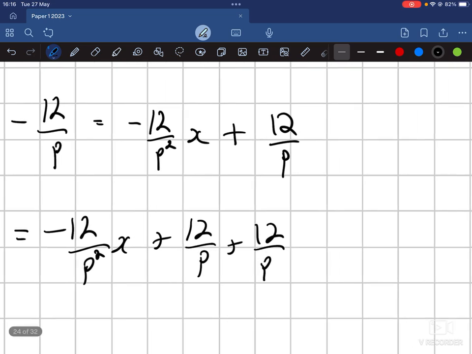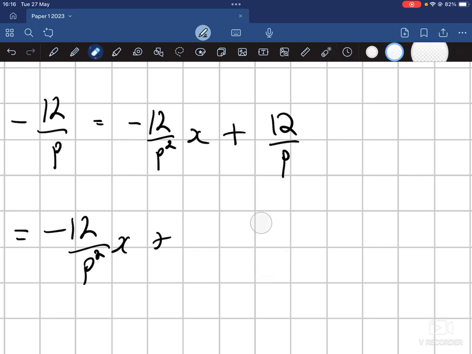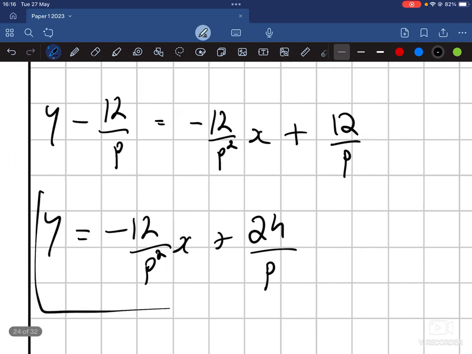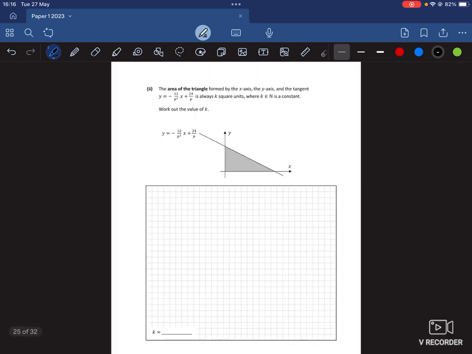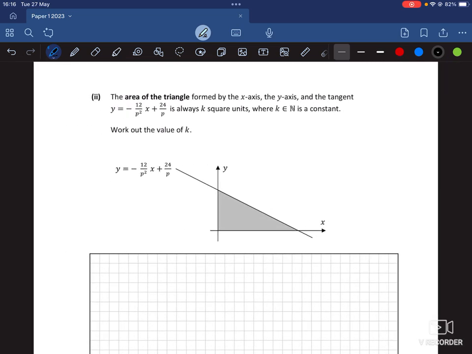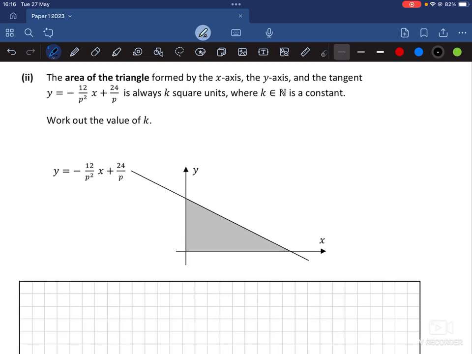So 12 over p plus 12 over p is just 24 over p. Okay, and that's what we were asked to show. So we're done. Beautiful. I thought we were okay for a second, but anyway.